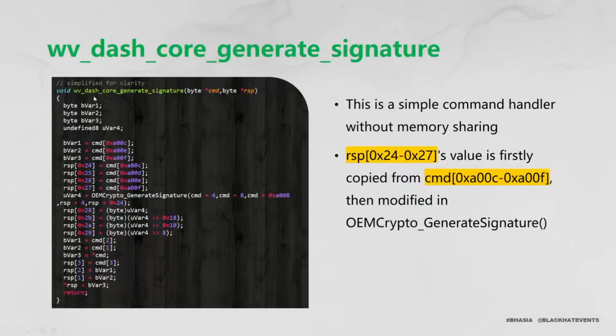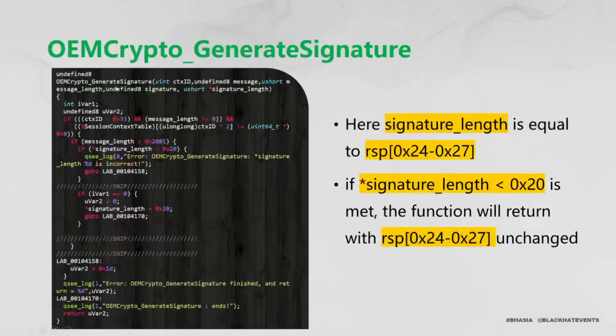Here, we'll look into the generate signature function. It is also a command handler in Widevine. It will copy part of the command buffer to the response buffer. Then this part of the response buffer will be used as a parameter to the generate signature function, and in that function, the parameter will get updated.